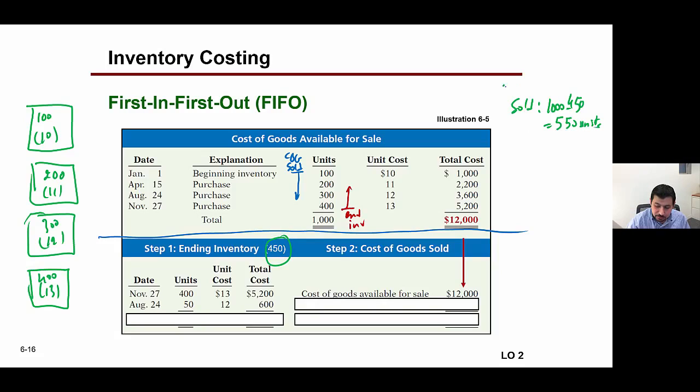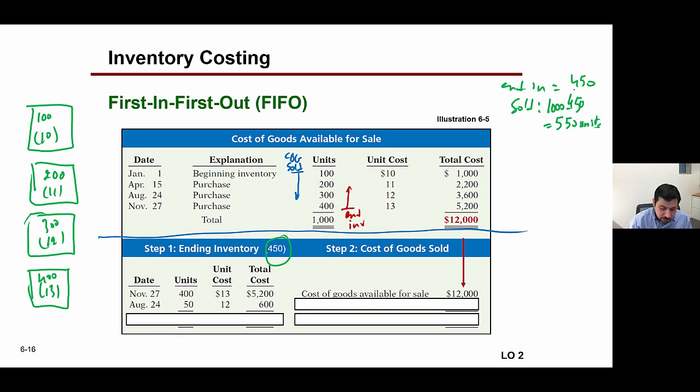Ending inventory is equal to 450 units. Because you are selling the earliest purchases first, you expect the latest purchases to remain till the end.